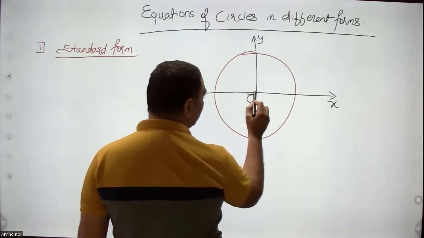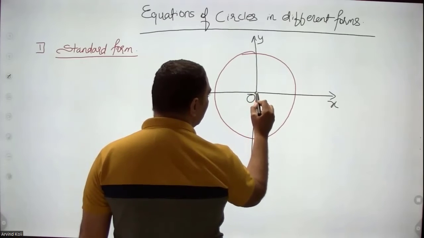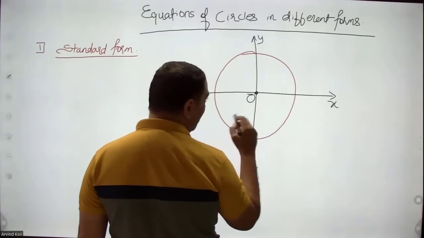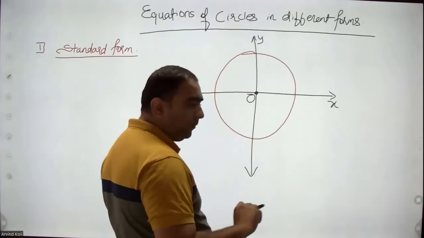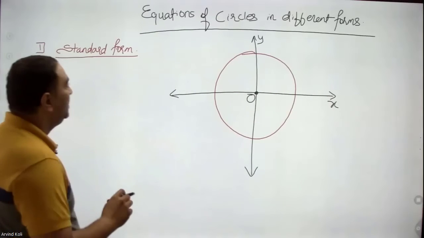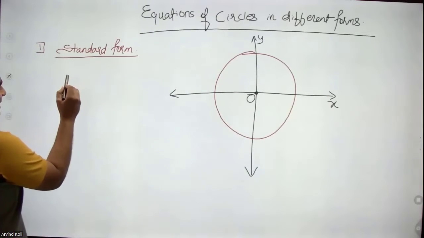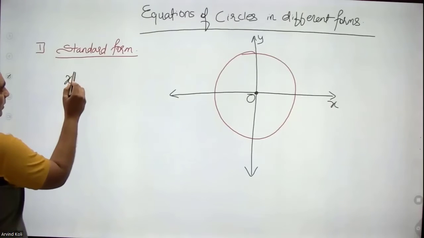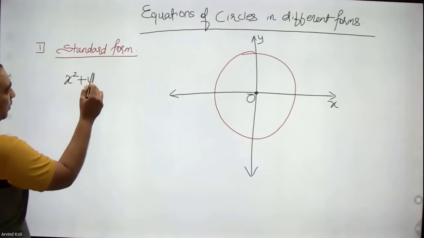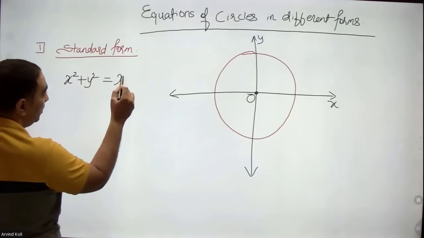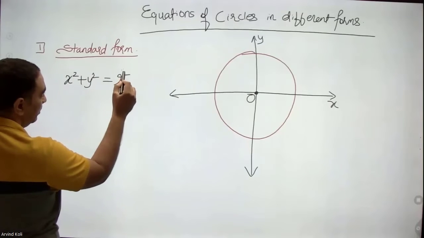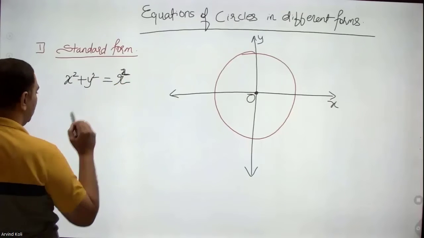Now, students, for such a circle, the equation of the circle is given by the formula x square plus y square is equal to r square. ठीक है.